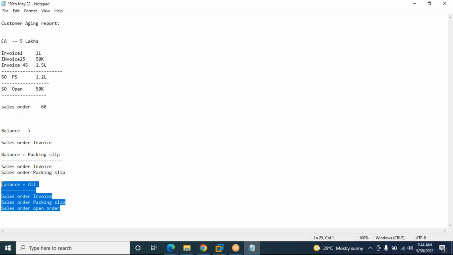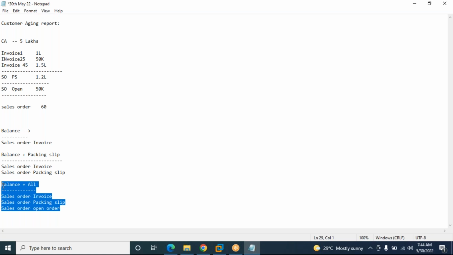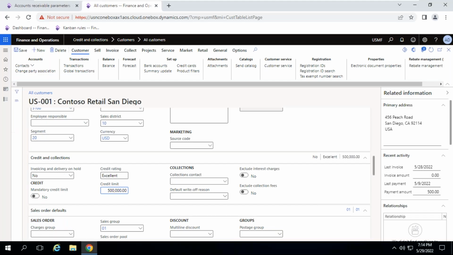That is the reason. The system has flexibility, whether you want to map balance plus all, balance plus packing slip, or balance only. That is your wish, how you want. As a best practice, it is better to use this one. That's what my question was. Thanks.